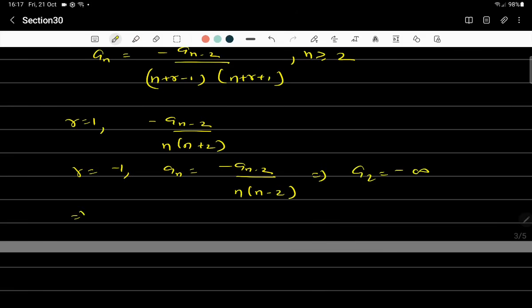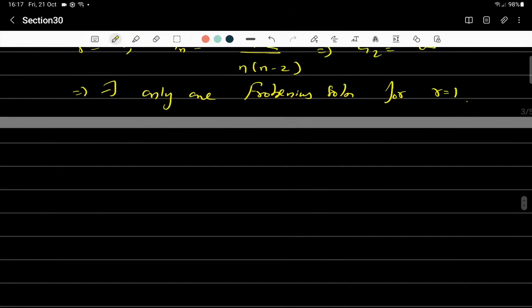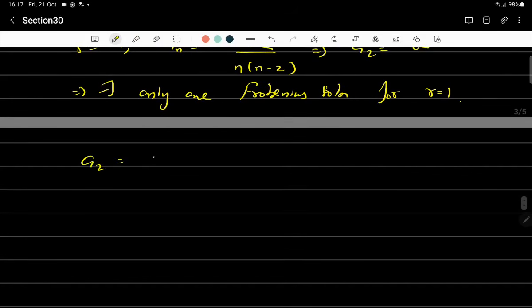Yes, it means your recurrence relation looks like, for r is equal to 1, an is minus a(n minus 2) divided by n(n plus 2), and for r is equal to minus 1, your an is minus a(n minus 2) by n(n minus 2). In both cases n starts from 2, but if you see for r is equal to minus 1, when you compute a2, it comes out to be a naught by 0.